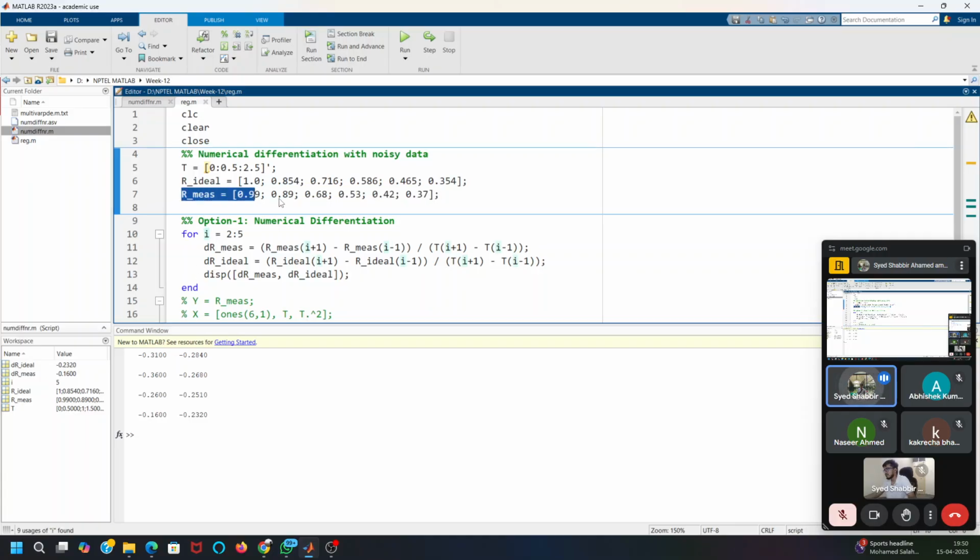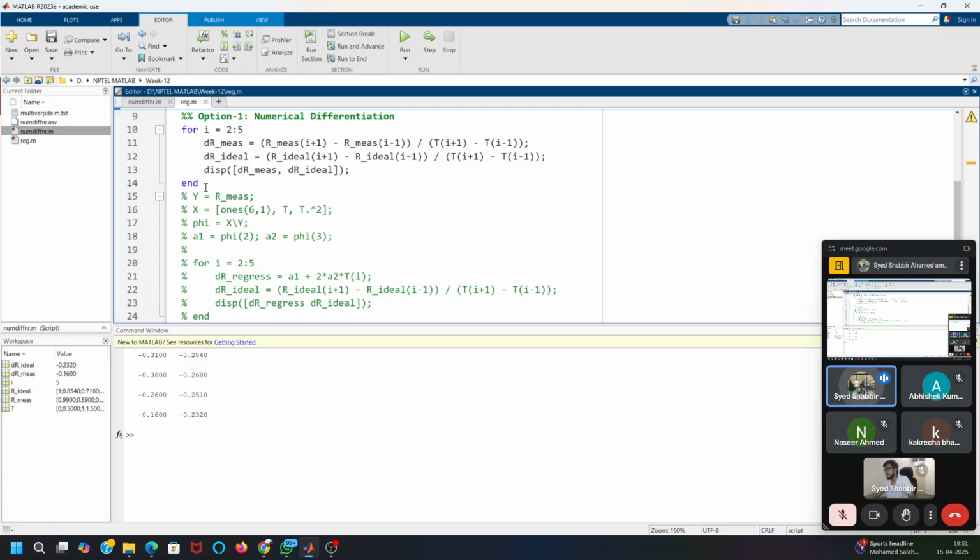So this is not very good. You cannot take noise and calculate the differentiation. So somehow we have to get rid of noise. Obviously we cannot get rid of it completely, but we can try to suppress it to a certain extent. So that's what we will do here.